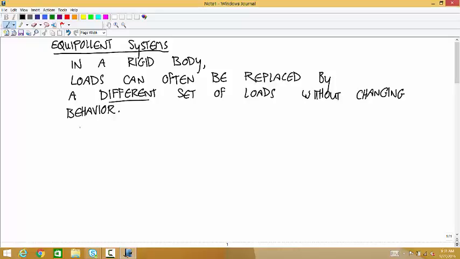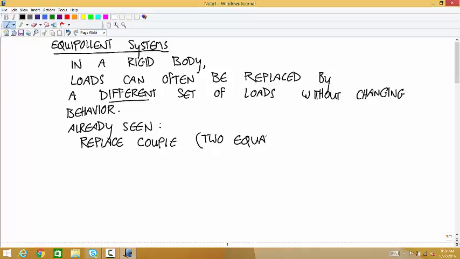One example that we've already seen so far: if you have a couple, which is a pair of equal and opposite forces, we can replace that couple with a moment.